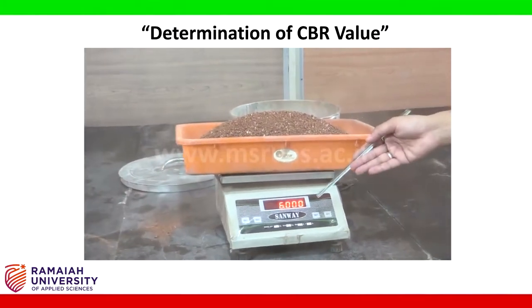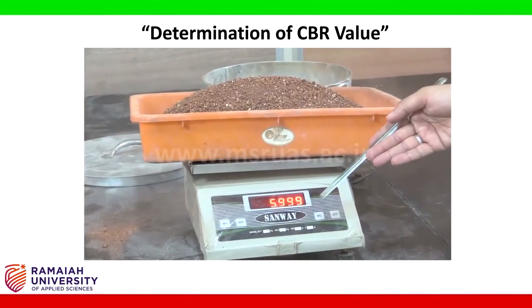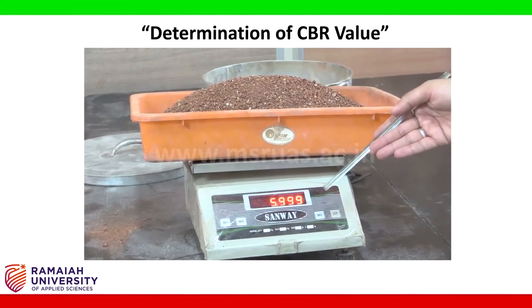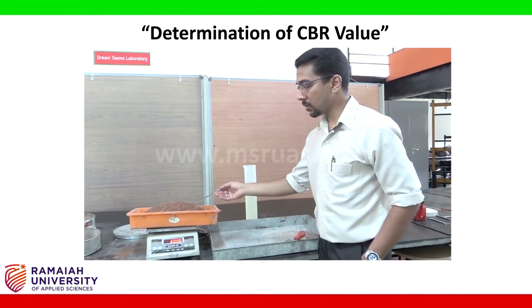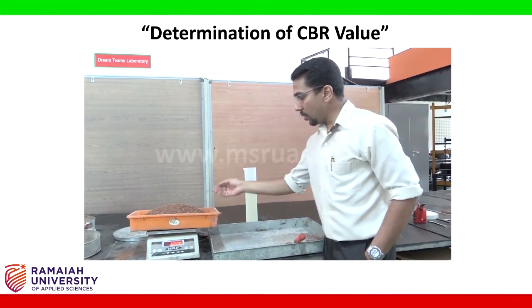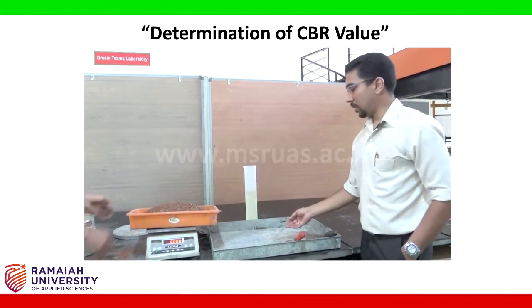Once we are sure that we have the required quantity of material, we can start with the experiment by compacting the specimen. Once we have taken 6 kilos of soil, we need to transfer the soil into the mixing tray.